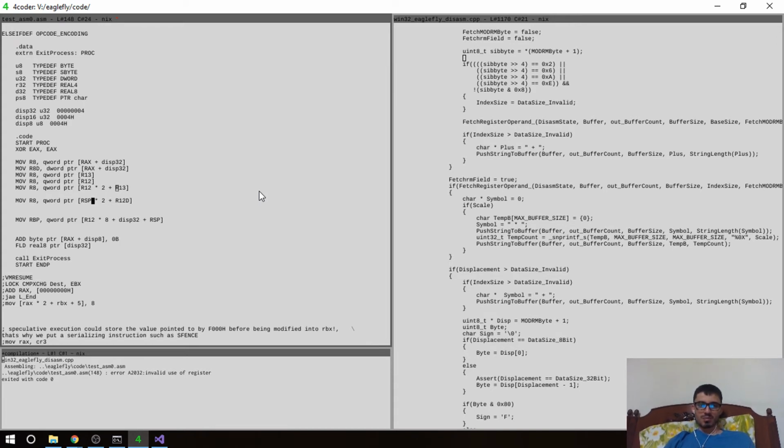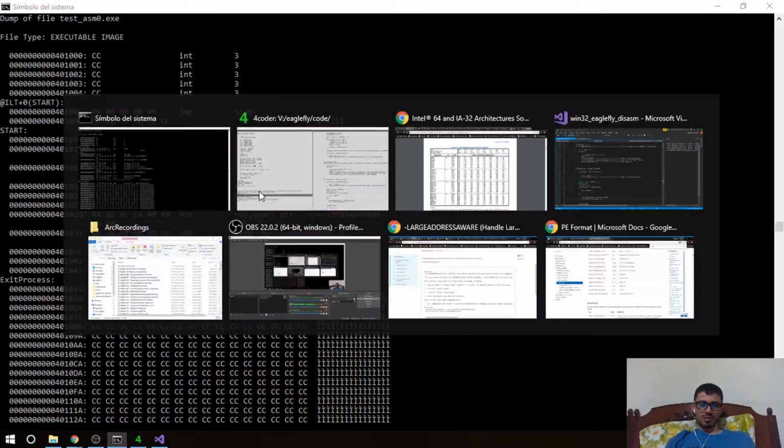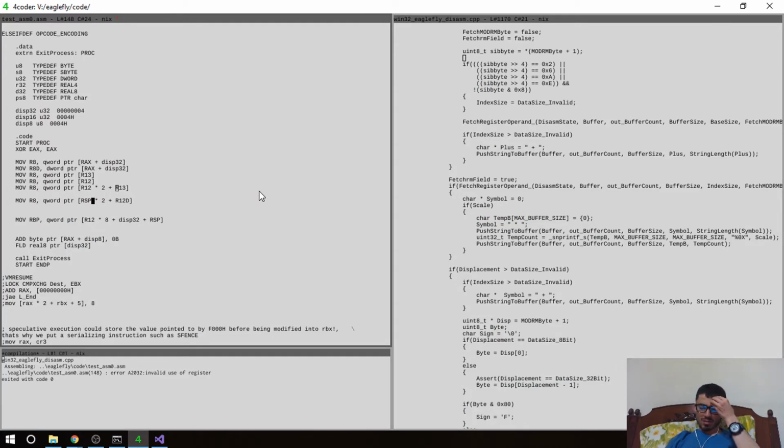And here, we cannot use RSP on the index, so we can just say that we want RBP, and this is going to be EBP. What about that? There you go. So yeah, this is bananas.